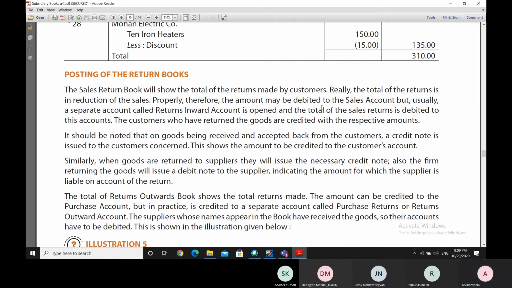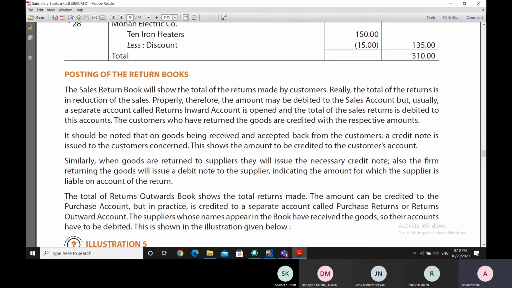So in this case, to record the sale return, we can debit the sales account. But usually we don't do that. What we do is that we create a separate account called the return inward account or the sale return account, and the total of the sales returns will be debited to this account.